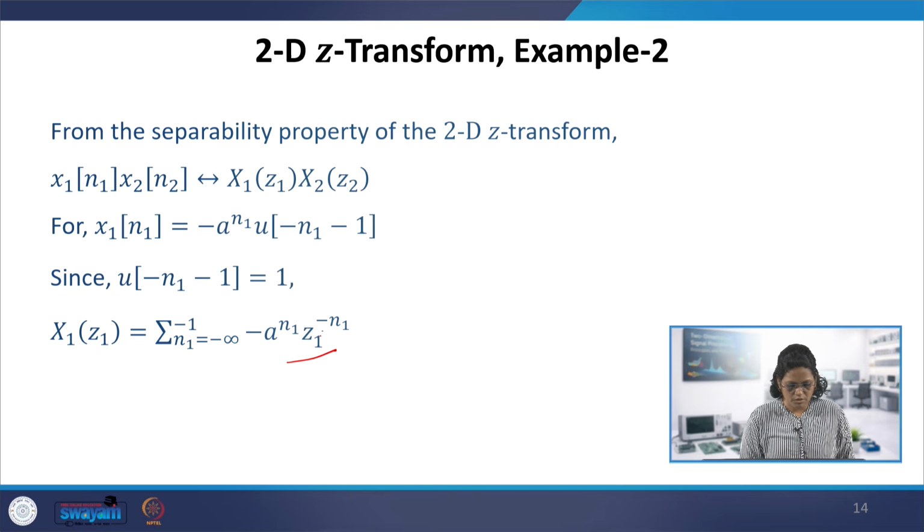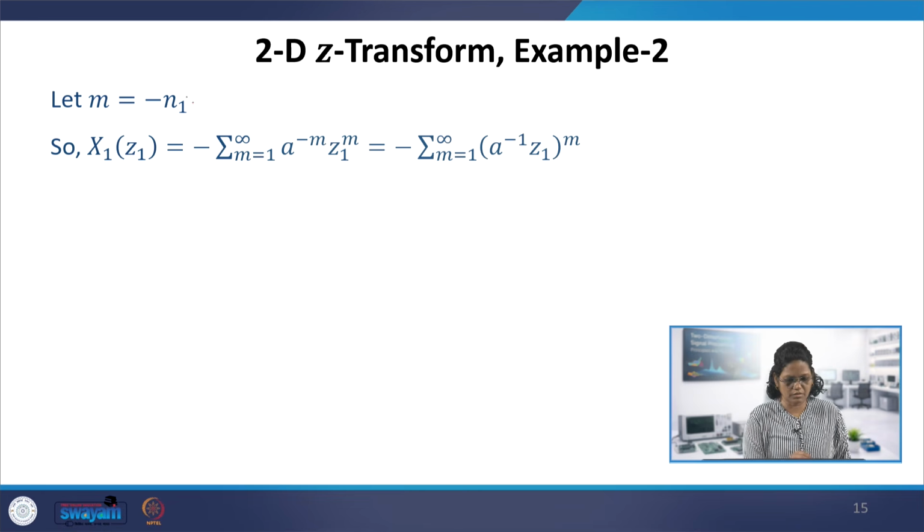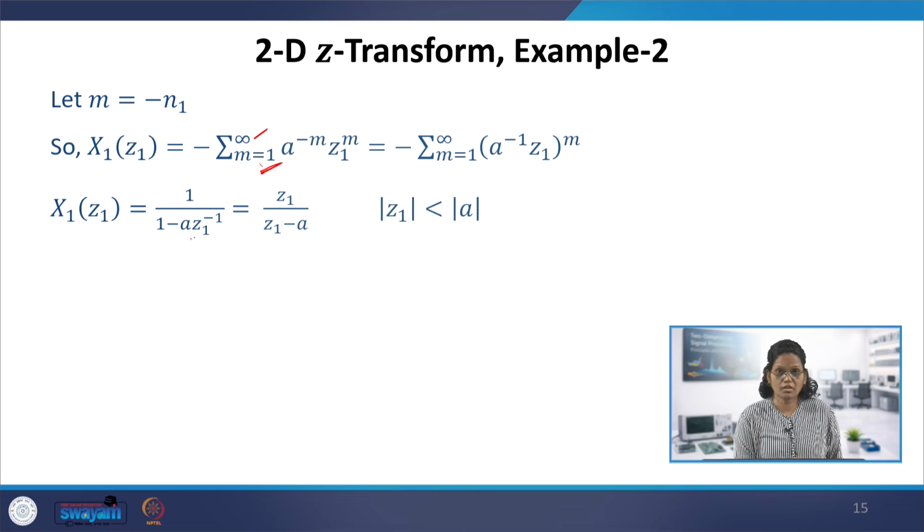This results in a negative summation, where we change the limits as we did in the earlier example, taking minus n1 as m, with m equal to 1 to infinity. So we have A inverse z1 to the m, which gives 1 by 1 minus A inverse z1, minus 1. Simplifying, we get 1 by 1 minus A z1 power minus 1, which results in z1 by z1 minus A.